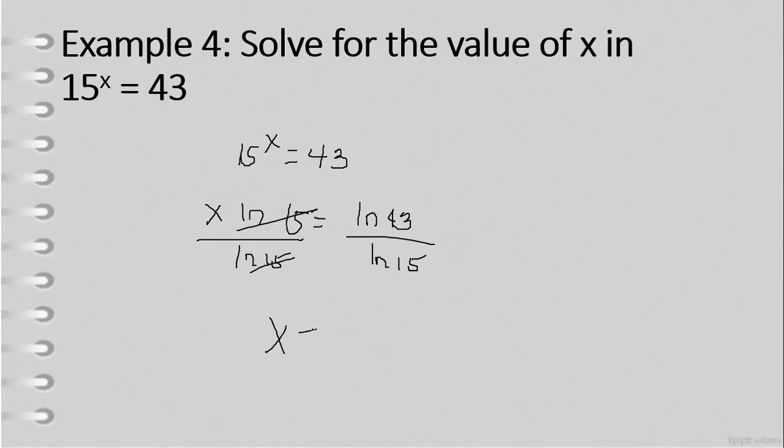Cancel out, x is equal to natural logarithm of 43 divided by natural logarithm of 15. Using a calculator, we get 1.389. So that's it, the exponential functions and equations.